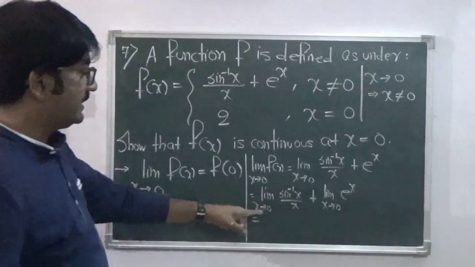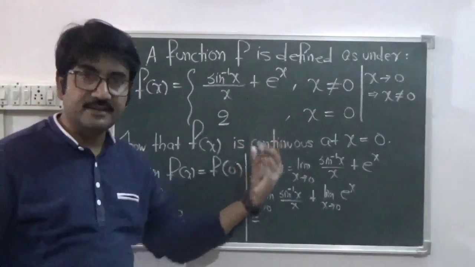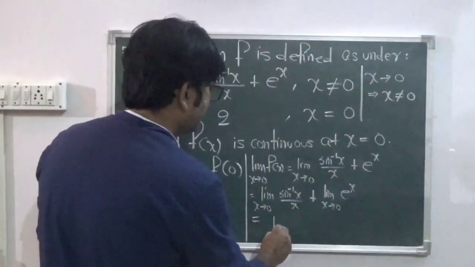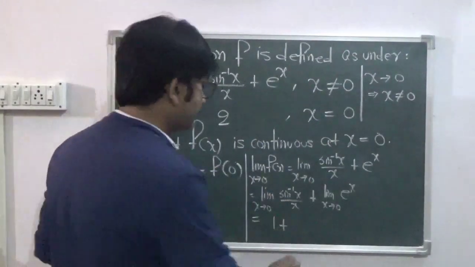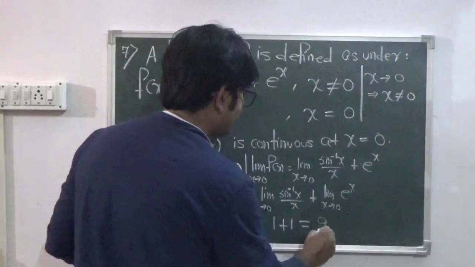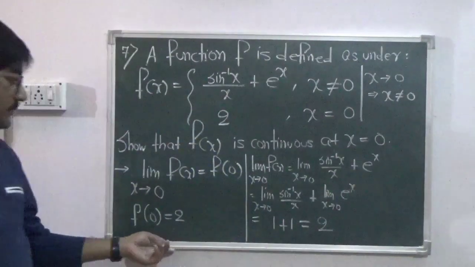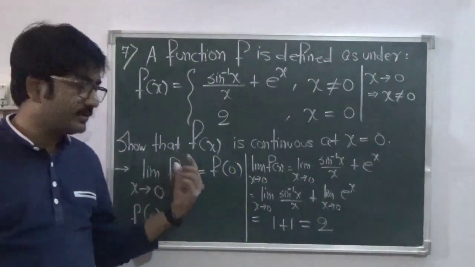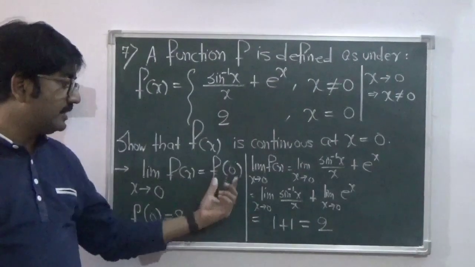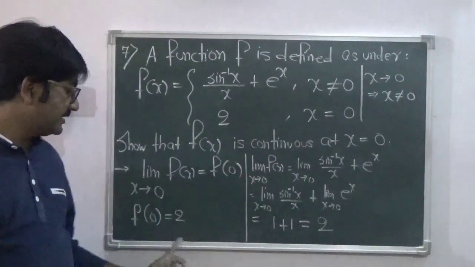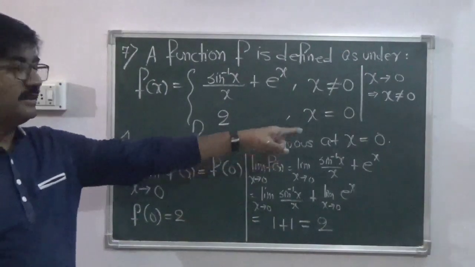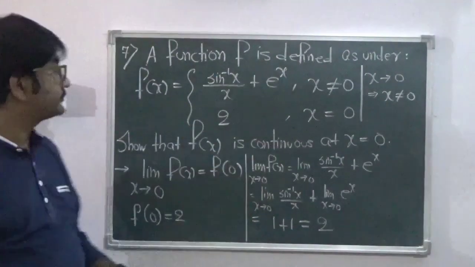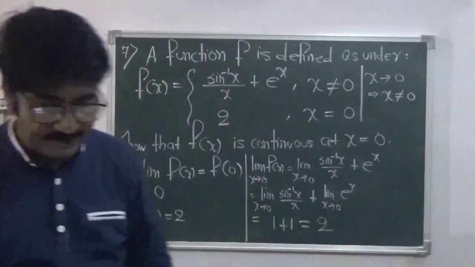Limit x tends to 0 sine inverse x by x equals 1, plus if we put x as 0, e to the power 0 is also 1, so it is 2. So we find that limit x tends to 0 f of x is equal to f of 0, and each is equal to the value 2. Hence the function f of x is continuous at x equals to 0. Now I move on to question number 8.